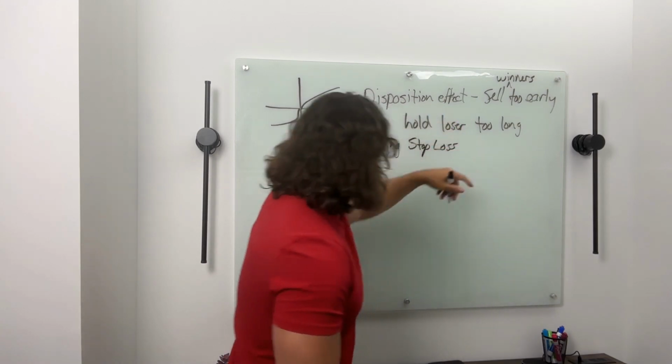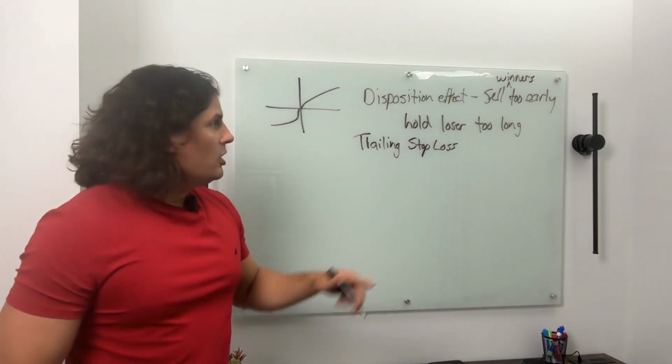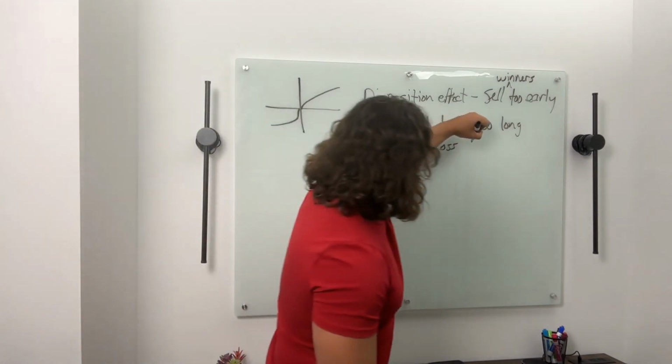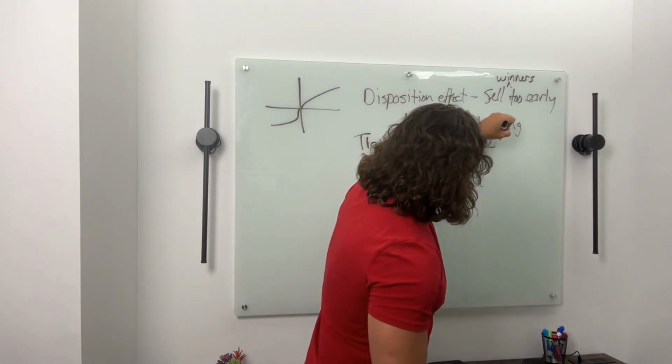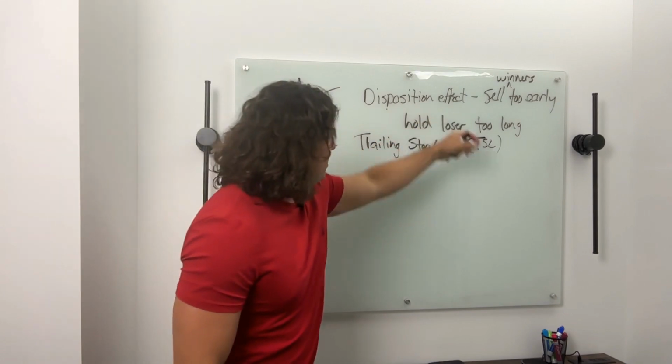We call this TSL, and I actually wrote a paper on this as well, trying to go back and see if trailing stop losses are effective. And we found it to be marginally effective, even if we did not have this disposition effect.